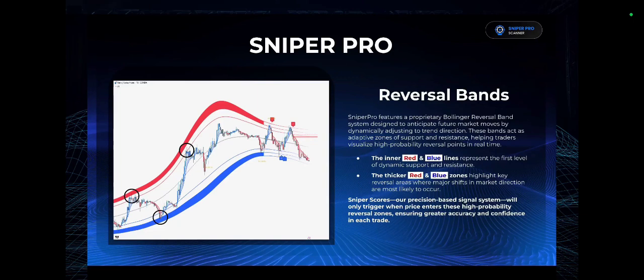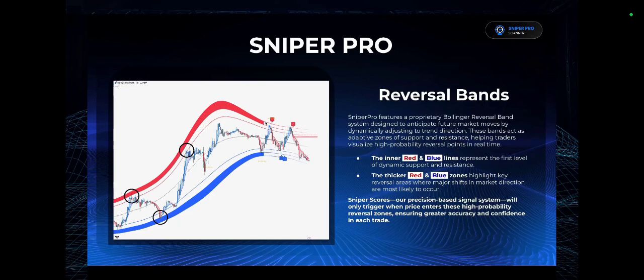The first thing that we want to take a look at is the reversal bands for Sniper Pro. These are proprietary Bollinger reversal bands that we've created, designed to anticipate future market movements. When you're looking at the bands, the red band and the blue band are historically plotted.